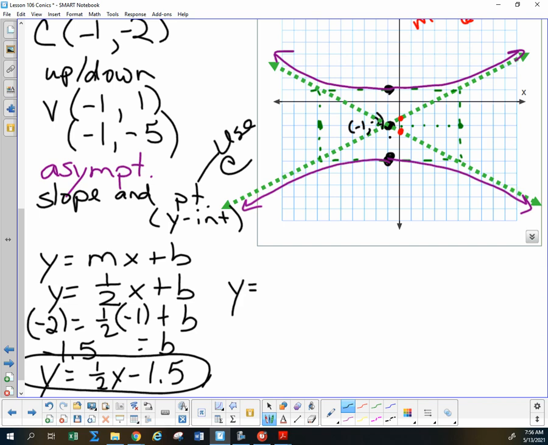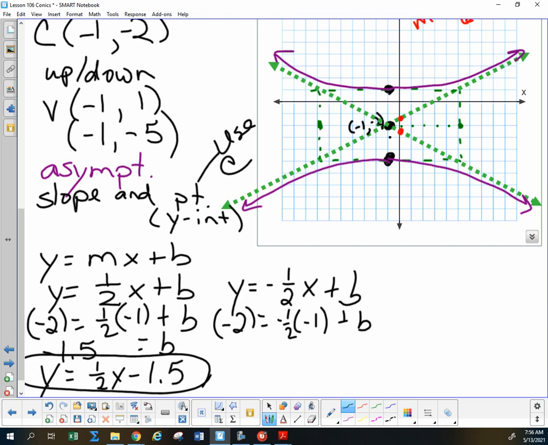For the other one, y equals -1/2 x plus b. Still the only point we know on the downward sloping line is -1 and -2. So now if we have -2, did I do that backwards there? That was -2 plus a half.